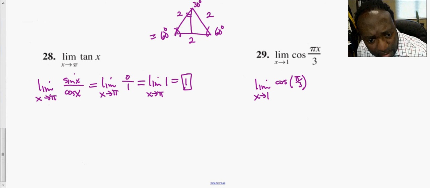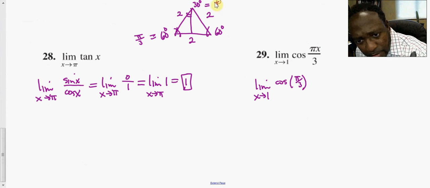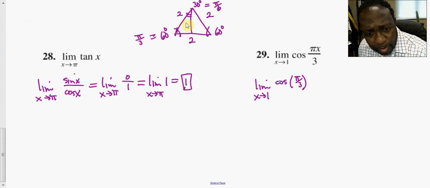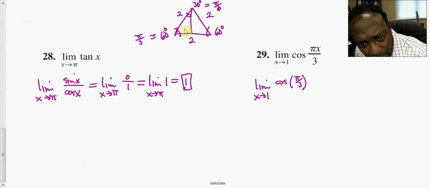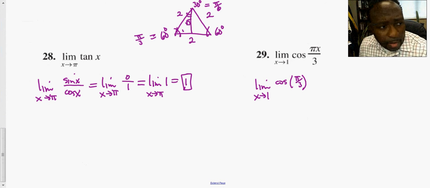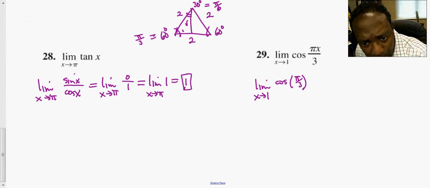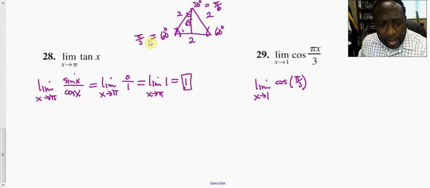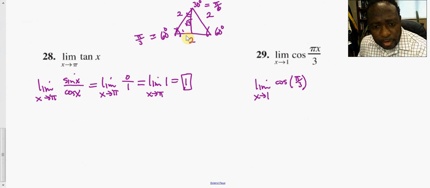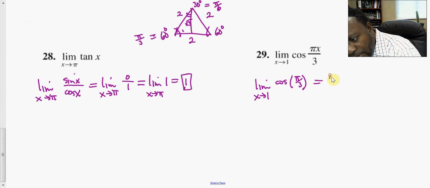So 60 degrees is pi over 3, and 30 degrees is pi over 6. Using the Pythagorean theorem, this side is 1, and so this side right here would be the square root of 3. So then if that's the case, the cosine of pi over 3 is the adjacent, which is 1, over the hypotenuse, which is 2, so 1/2. And you knew that already.